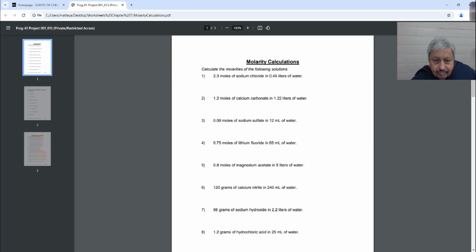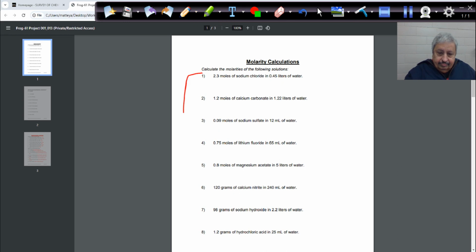Okay, molarity calculations. Pick one or two of those, whichever you like. And everybody knows molarity is moles per liter, correct? This is straightforward. I will take one from 1 to 5, because that's direct: they give you the moles and the liters. But then we'll take one from 6, 7, 8.